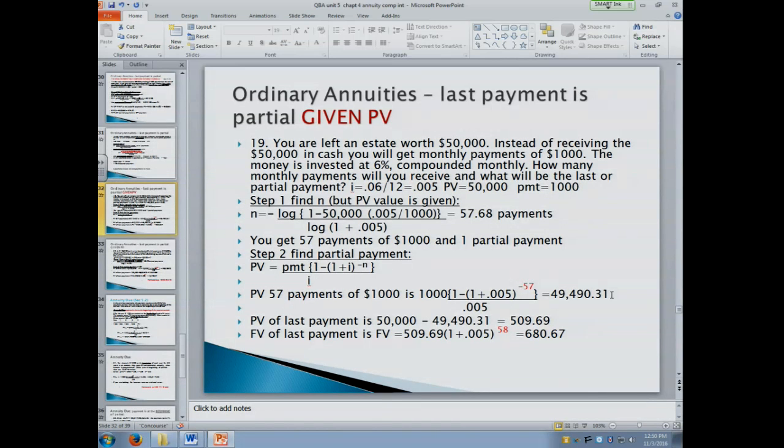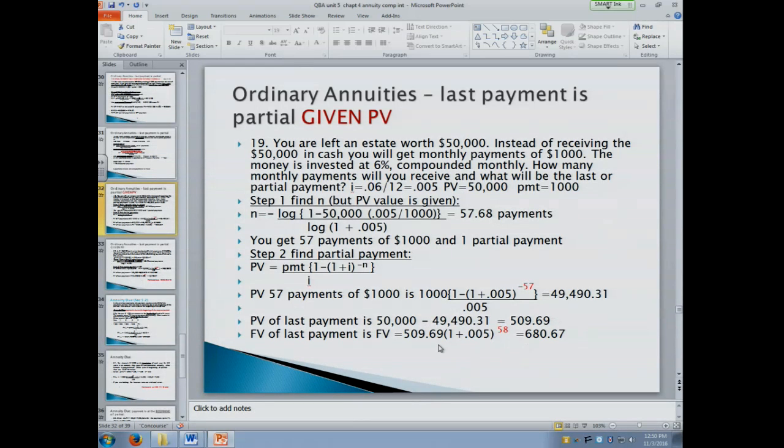The present value of those 57 payments is $49,490.31. The estate present value is $50,000. So you subtract, and the present value, again, I emphasize the present value of the last payment, is $509.69. That's the value of it today. However, you're not going to get it today. You are going to get it in 58 periods.